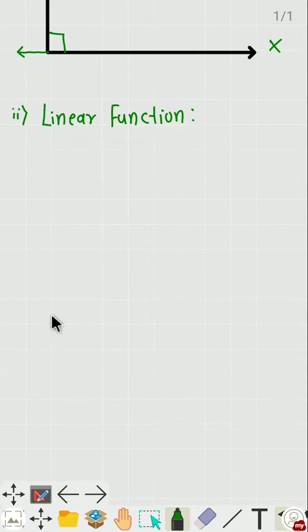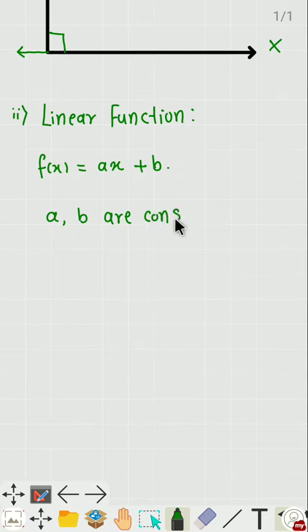A linear function is of the type f of x is equal to a into x plus b, where a and b are constants and x is a variable. The values of a and b are fixed, but the value of x is not fixed.